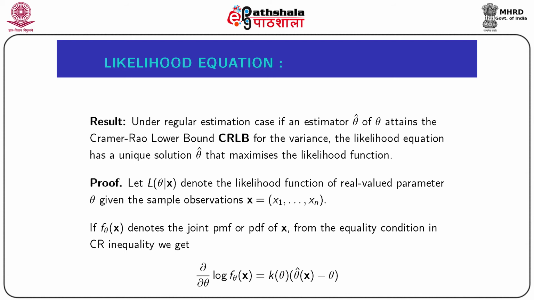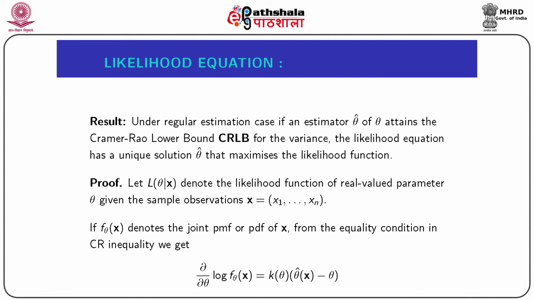Now this expression says that θ hat is the minimum variance bound estimator of θ, and as it exists according to the result, it is also the minimum variance unbiased estimator of θ.